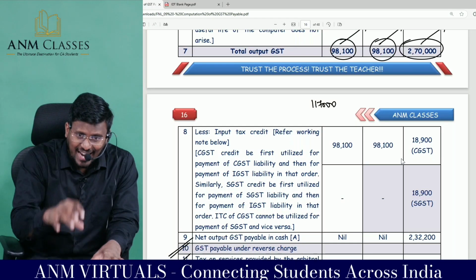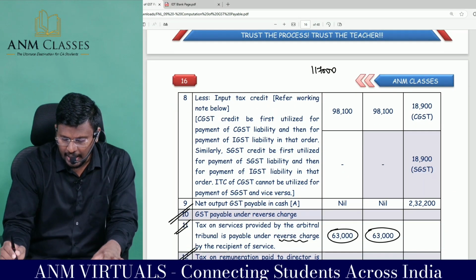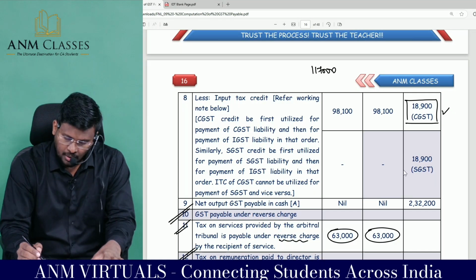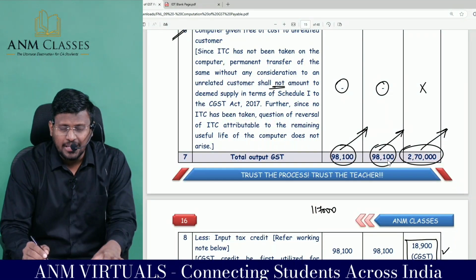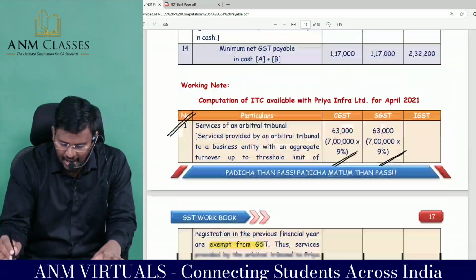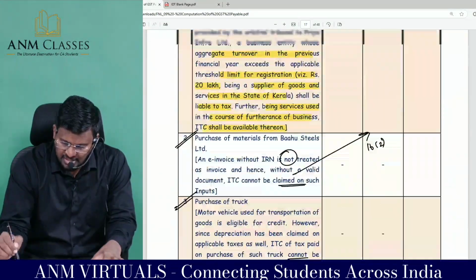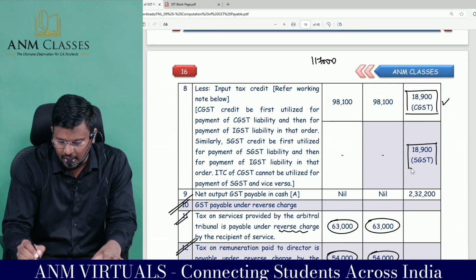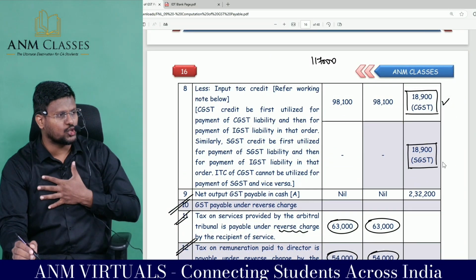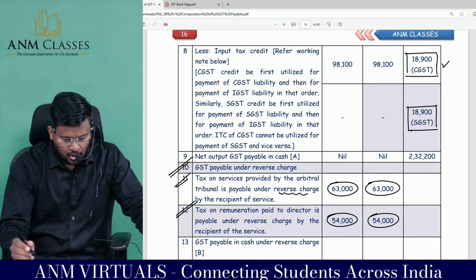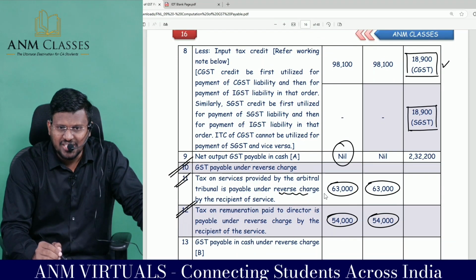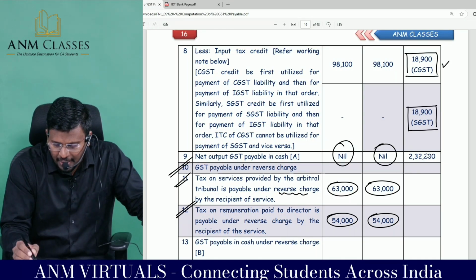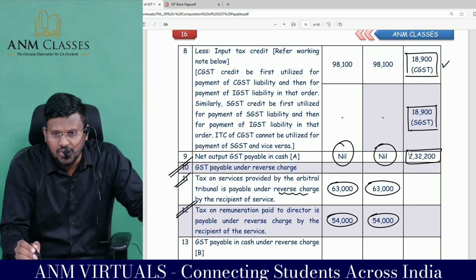You can use that credit to knock off the IGST payable. Similarly, for SGST payable of 98,100, I have credit of 1,17,000. Knock off that, and the same balance of 18,900 remains. That extra credit can be utilized to pay the IGST. So the net CGST payable will be 0, net SGST payable will be 0, but the IGST payable will be 2,32,000.